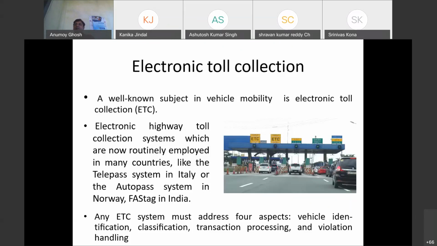Suppose this white car is passing under this blue ceiling and there is a communication, and suppose for this white car the toll is 10 rupees, so 10 rupees will be cut off from its account. Now a cunning driver might not keep that balance in his account. Then what will happen? That is why this violation handling criteria is put in this RFID tag.